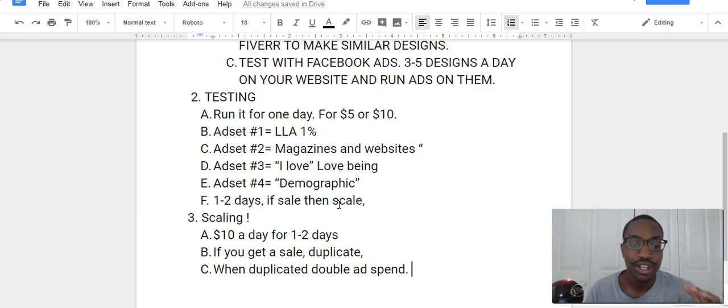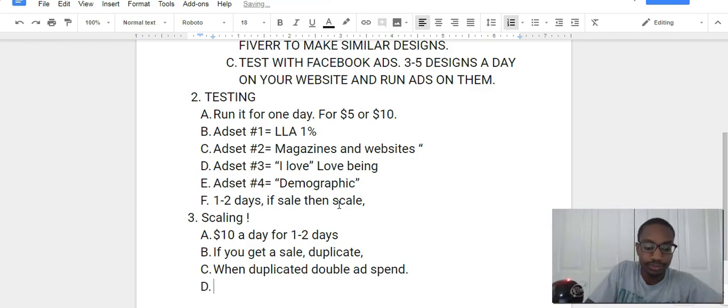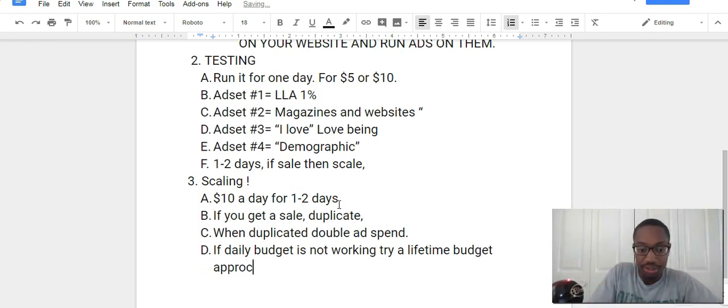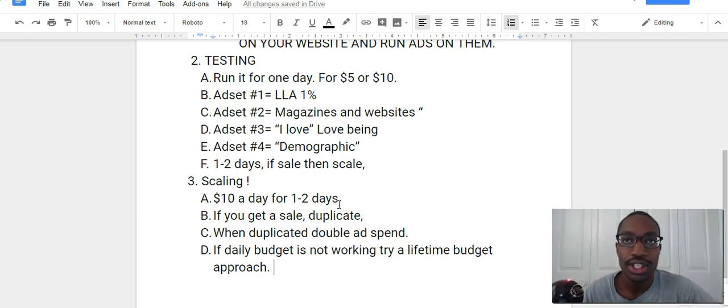And then if a daily budget is not working, try a lifetime budget approach. I don't know if you're familiar with the Facebook platform, but you can run a lifetime budget where you set aside, let's say, $100, so it can be spent over 2 days.